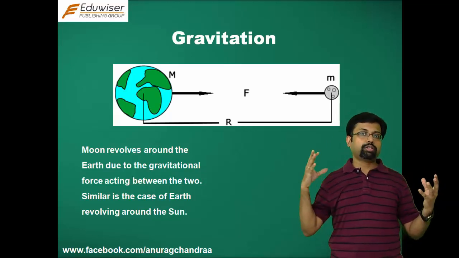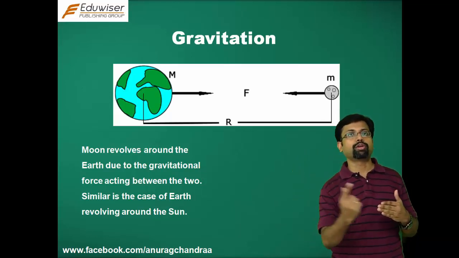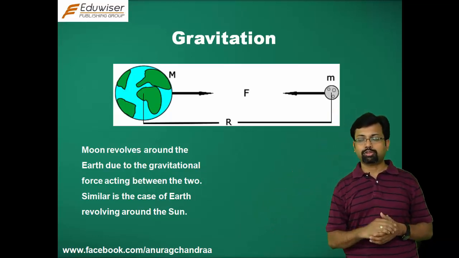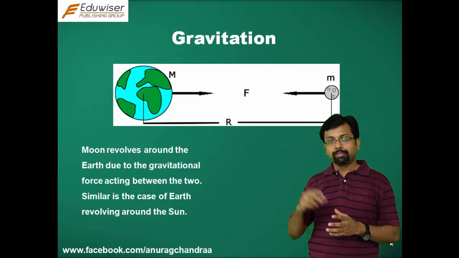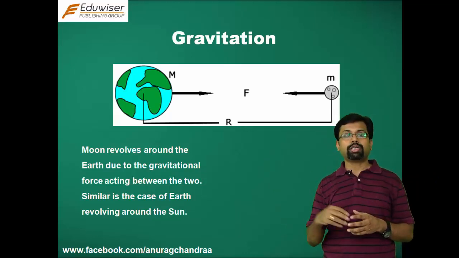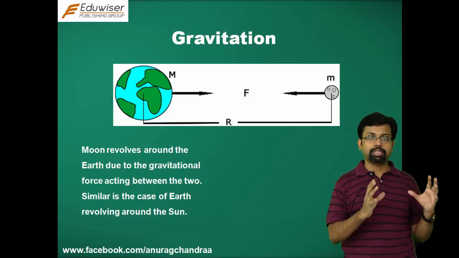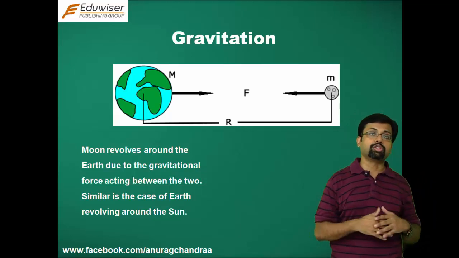But when you compare it to the force of attraction that the earth has with the sun, you know that the earth would move around the sun. There is a force of attraction between the earth and the sun, and there is the mass of both. The earth moves around it because the mass of the earth is quite less in comparison to the mass of the sun. The sun doesn't move around because compared to the earth, the mass of the sun is huge.